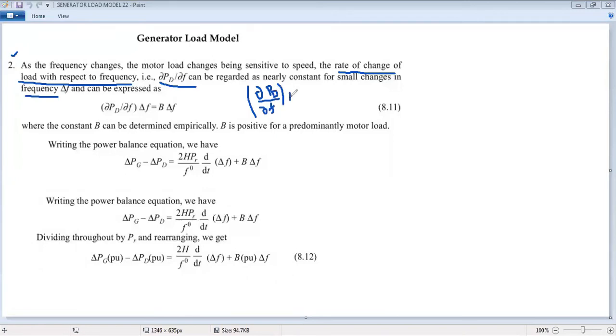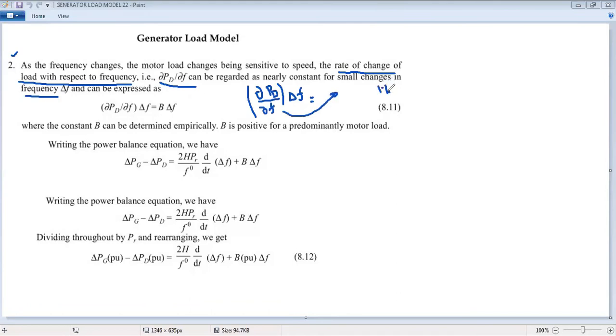But if it is multiplied with a small change in the frequency, then it is approximately equal to a constant, that is ∂PD/∂F multiplied by ΔF. So this ∂PD/∂F changes from load to load. It may be 1%, suppose.